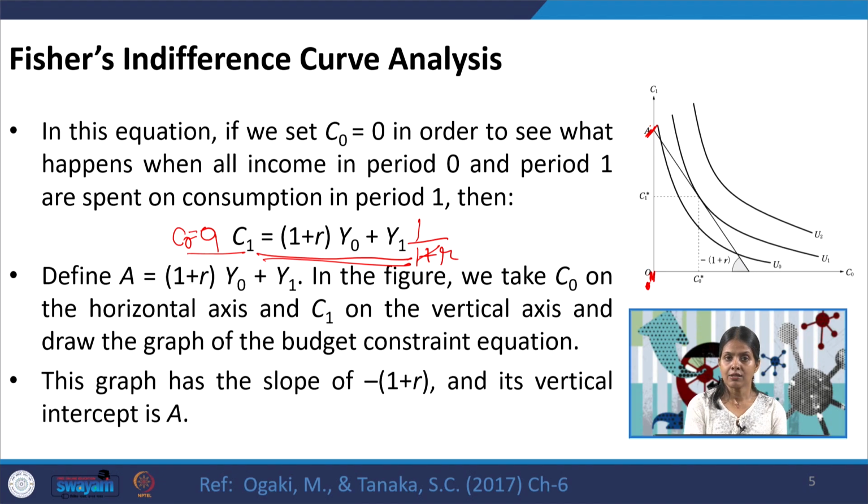This graph has the slope of minus (1 plus R) and its vertical intercept is A. Here we are measuring consumption of commodity 1 on the vertical axis, so A gives us the maximum possible consumption when not consuming anything in period 0, and if at all we consume anything in period 0, that would be measured along the horizontal axis. The slope of this line would be minus (1 plus R).